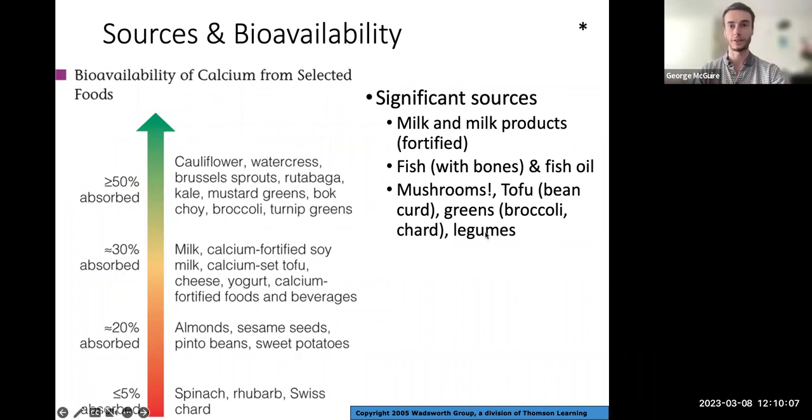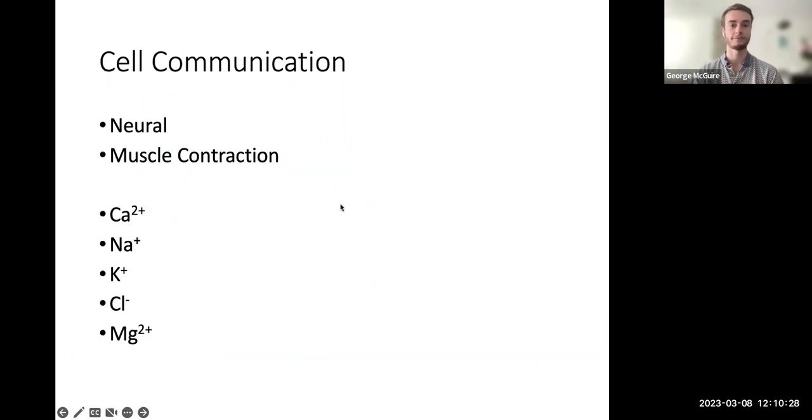And so different sources will have different ranges of how much of their calcium is actually bioavailable. So our vegetables here, like cauliflower, Brussels sprouts, kale, have a much higher concentration of bioavailable calcium compared to what we typically associate with calcium, our dairy products.